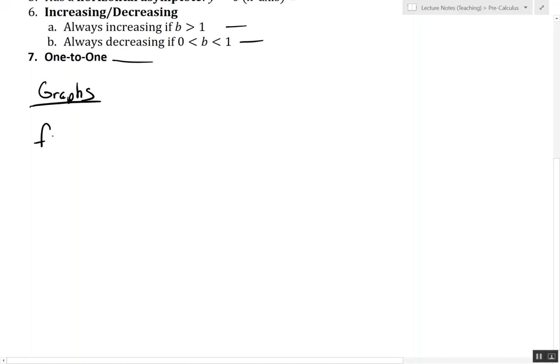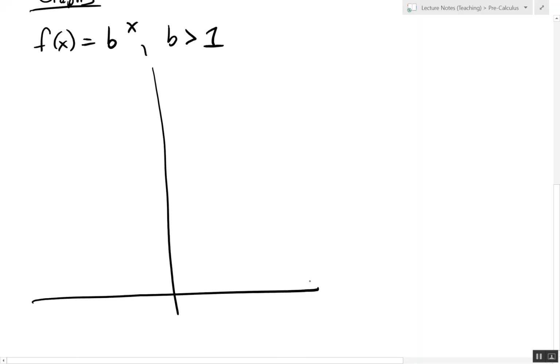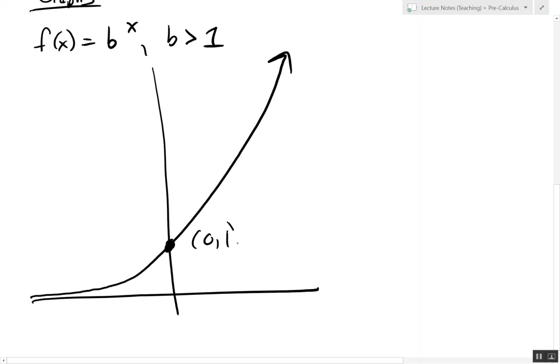So let's look at f of x equals b to the x, where b is greater than 1. The graph of these functions always looks like this. They're always going to start very low near the x-axis, and then they're just going to suddenly spike up. And they're always going to pass through the point 0, 1.